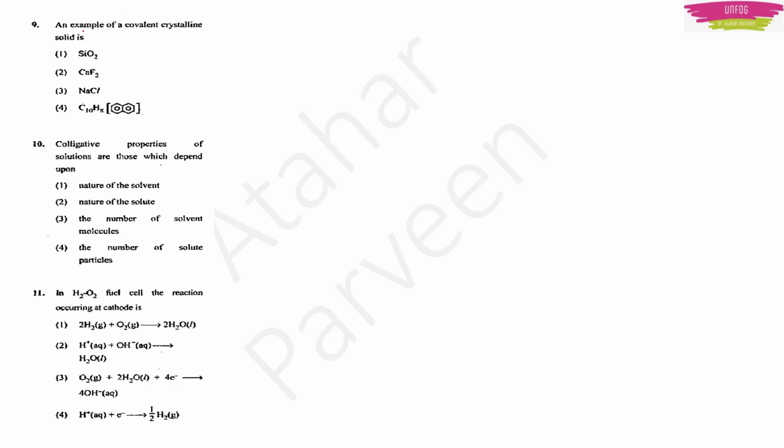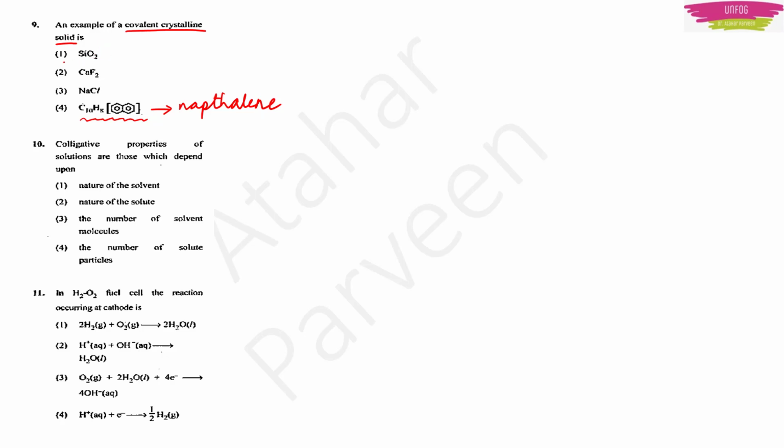So the next 9th question we have is: an example of covalent crystalline solid is silicon oxide, calcium fluoride, sodium chloride, and this organic compound. This is an organic compound, but it is naphthalene. It is the chemical formula for naphthalene.